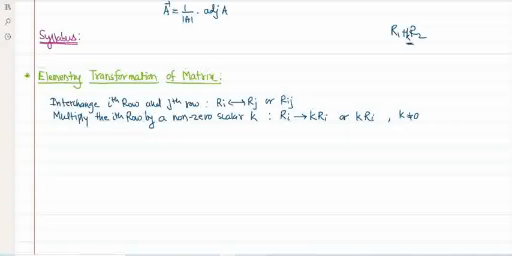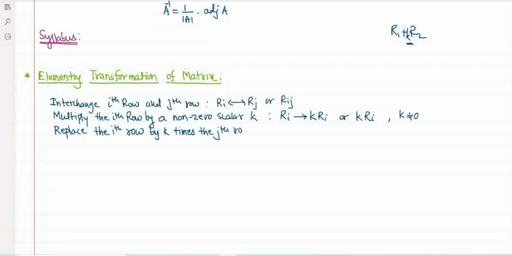I will generalize. You can multiply any row by a non-zero scalar, and add the resultant row to any other row. So I will write that transformation as: replace the ith row by the ith row plus k times the jth row.